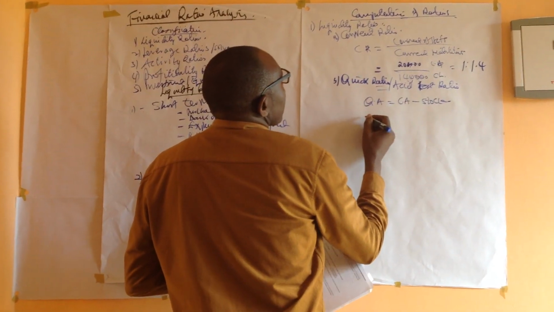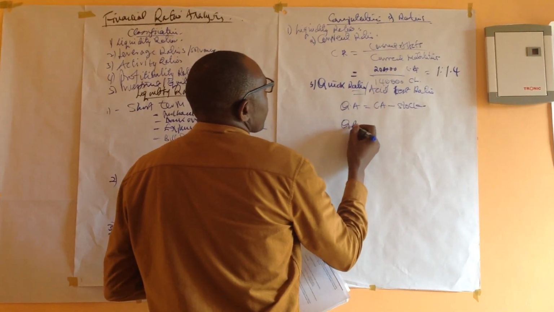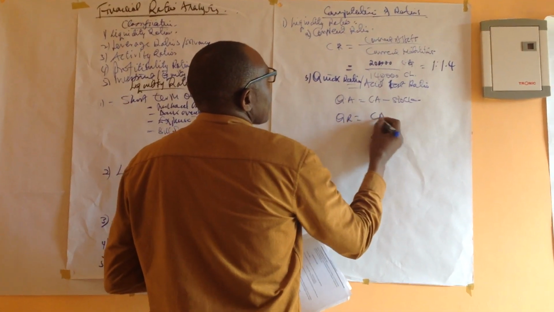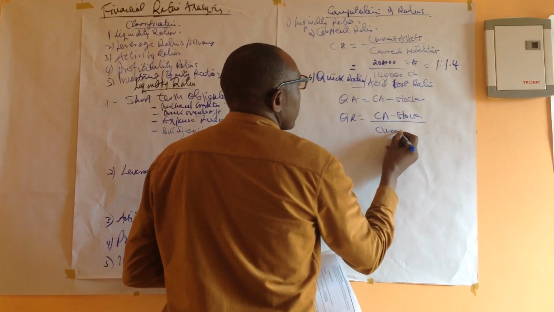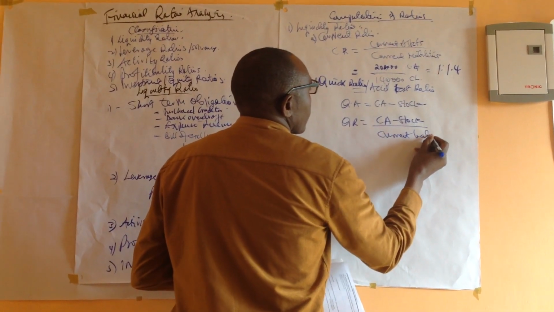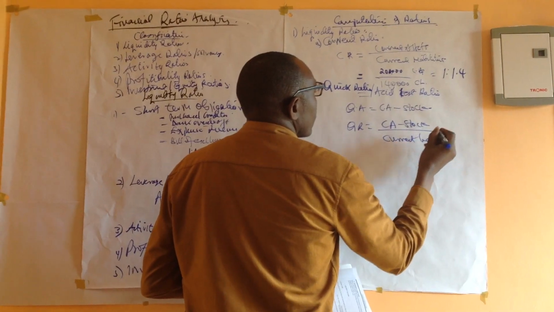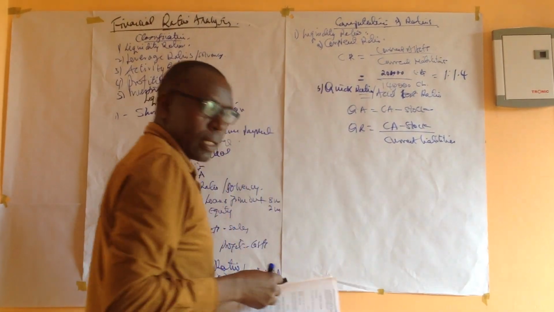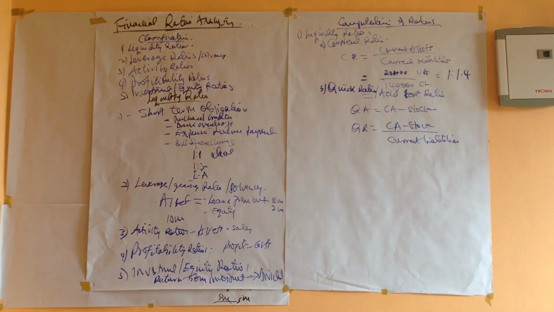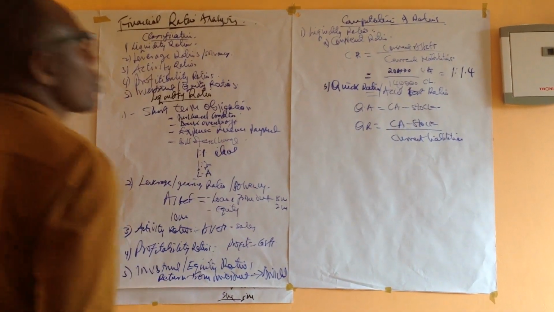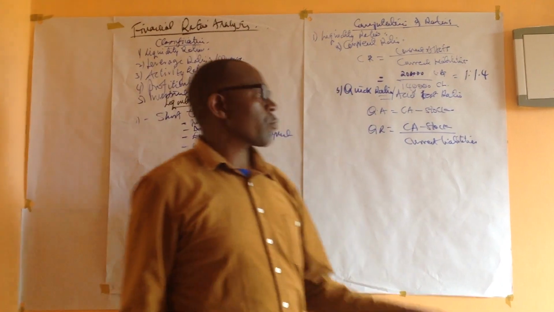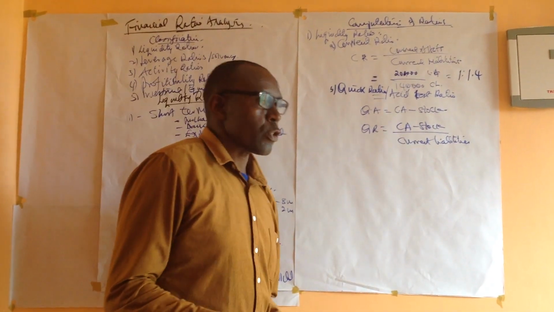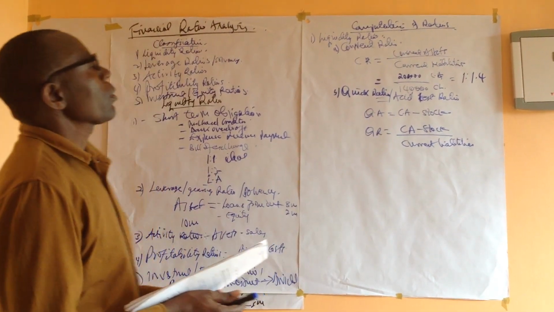The formula is: quick ratio is equal to current assets minus stock over the current liabilities. So we take the current assets minus the stock over the current liabilities, which gives the quick ratio.